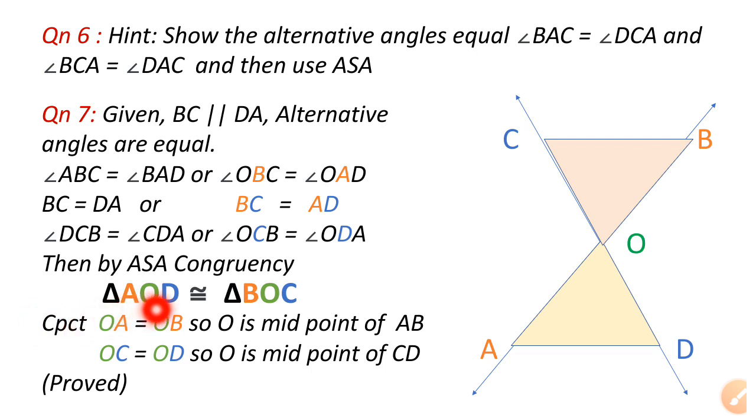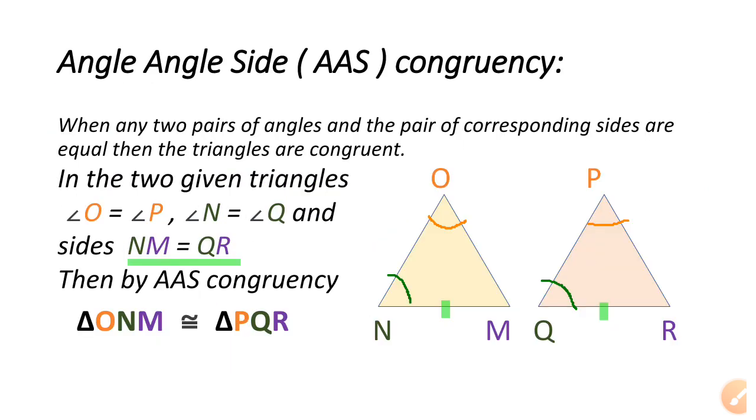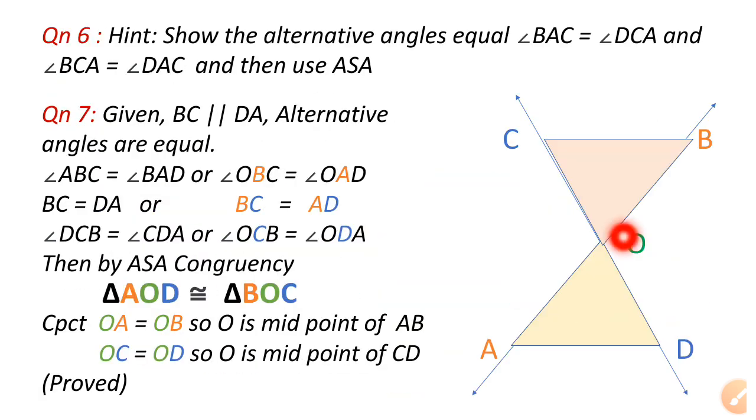So OA is equal to OB, and if OA is equal to OB, then O is the midpoint of AB. In the same way OC is equal to OD, then we will say that O is the midpoint of CD also. So this is proved.